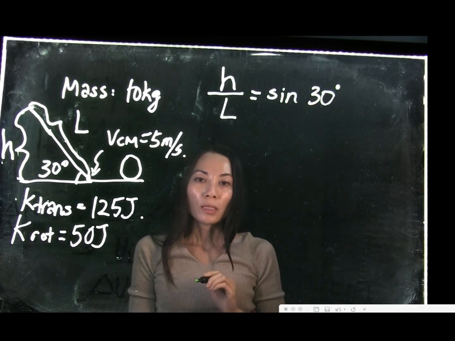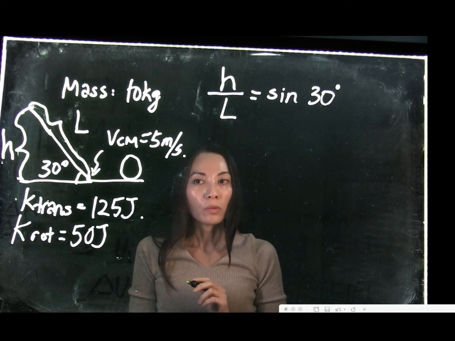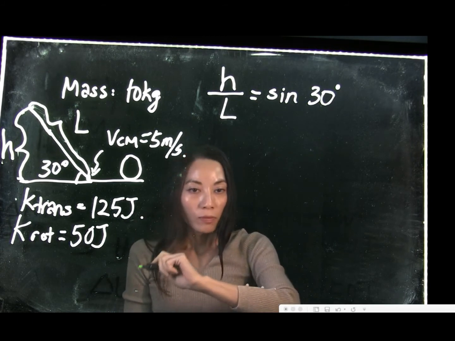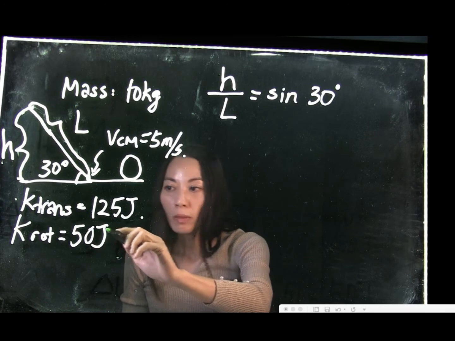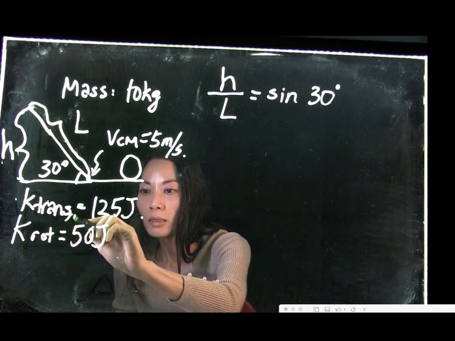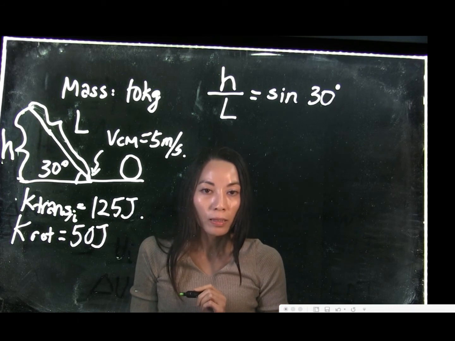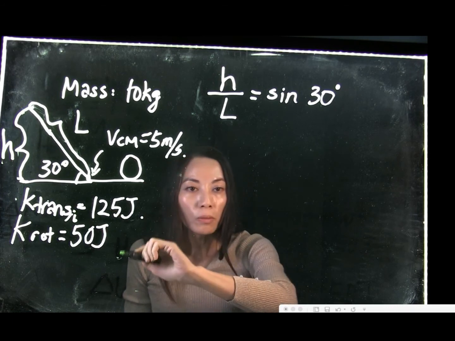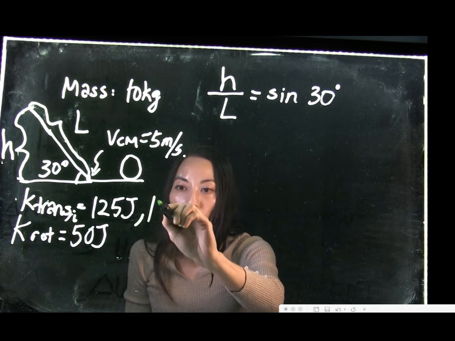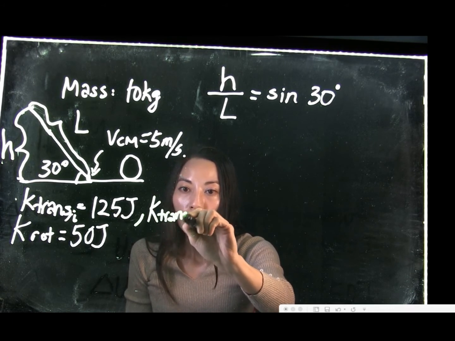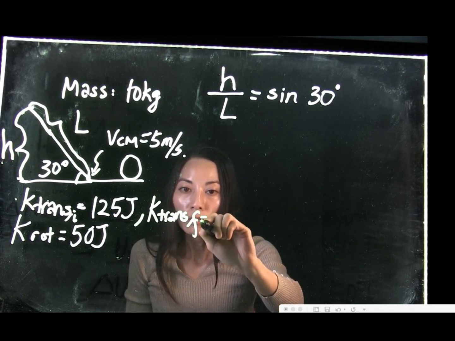So we can use the energy principle to solve this problem. Initially, when the sphere is at the bottom of the ramp, it has an initial translational kinetic energy of 125 joules. But when it goes up the ramp and stops, we have a final translational kinetic energy of 0.